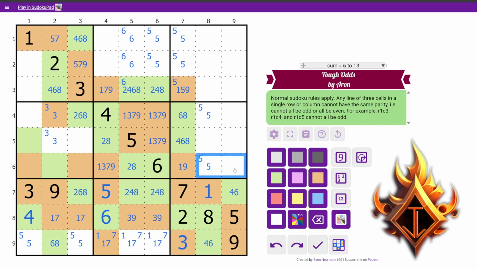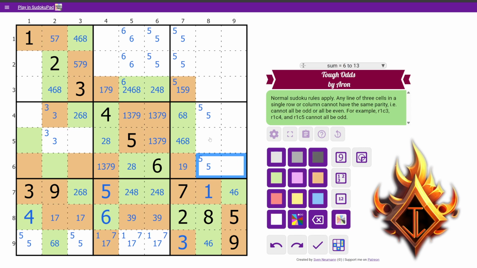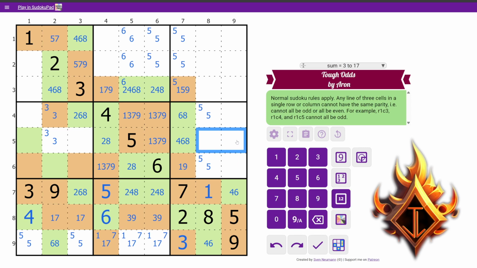There's an odd and an even here. If it went odd, even, it would be even, odd. And then both those would be odd. I think that would be okay though.